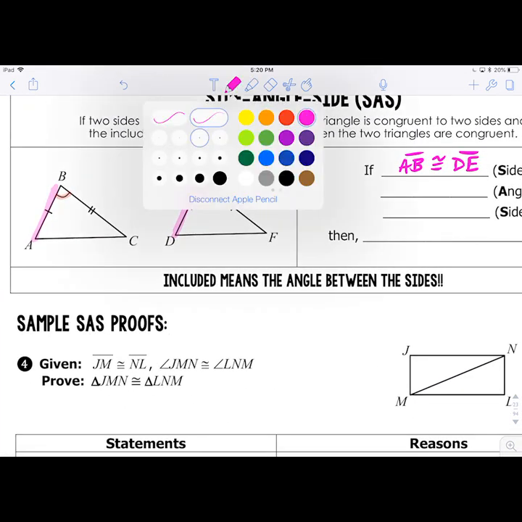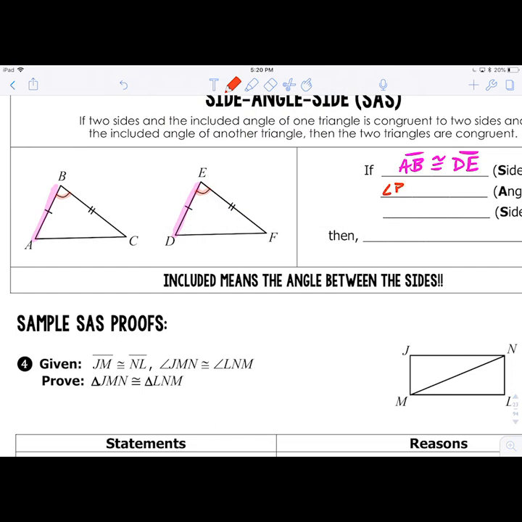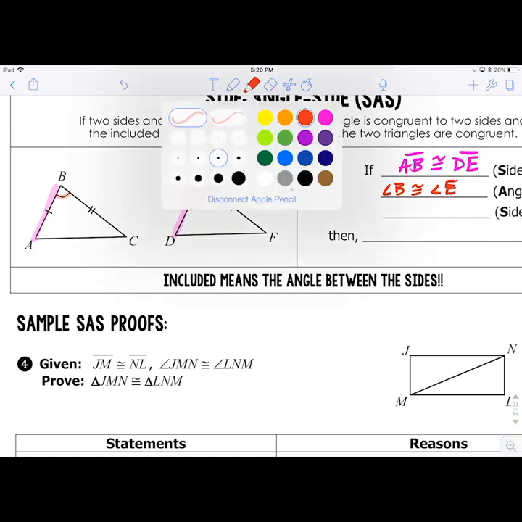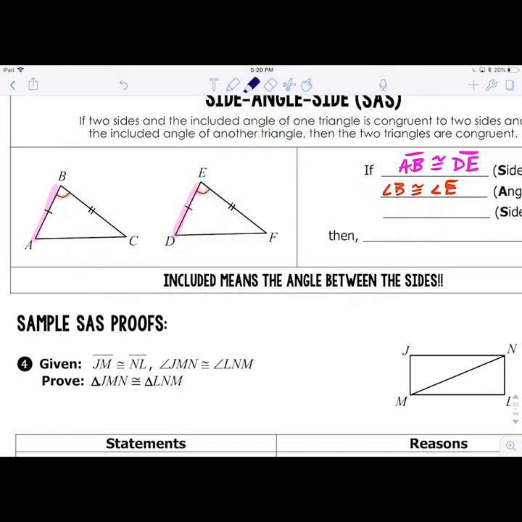It's congruent to angle E. And we also know that side BC is congruent to side EF.